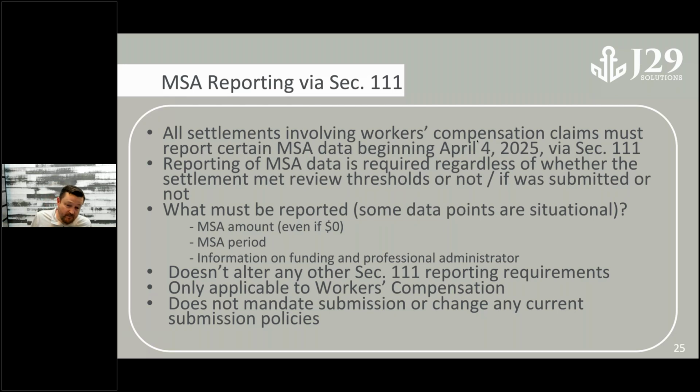Was it lump sum? Was it annuity? That's why I spent some time going back and forth. And they want to know if there is a professional administrator involved or not. That's why I talked about professional administration versus self-administration. So Medicare is going to have this unprecedented 360-degree view visibility around Medicare set-asides and workers' compensation settlements that they didn't have before.